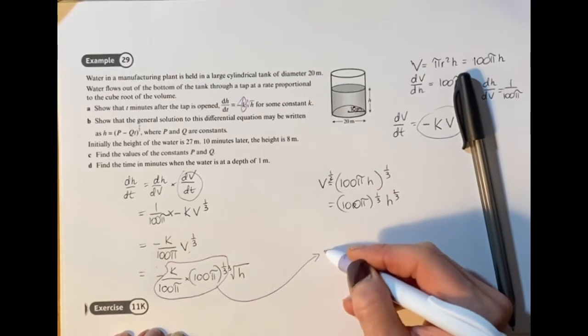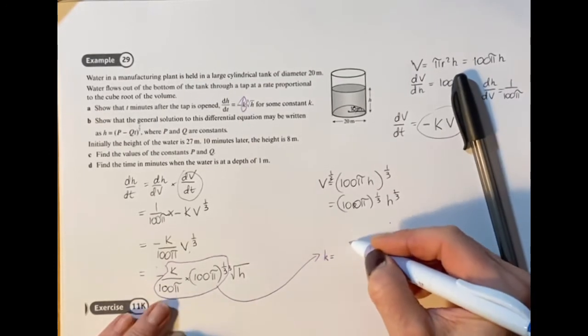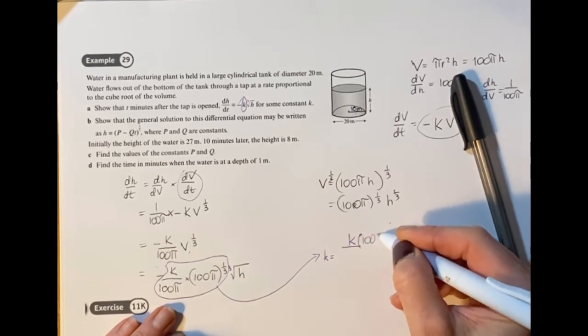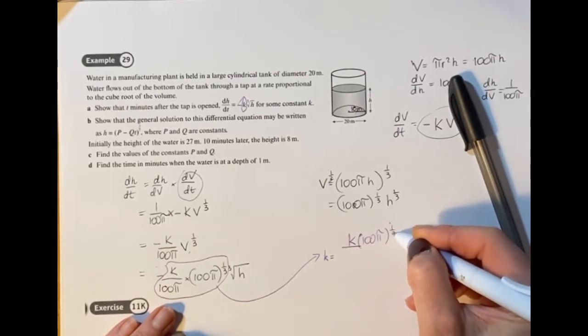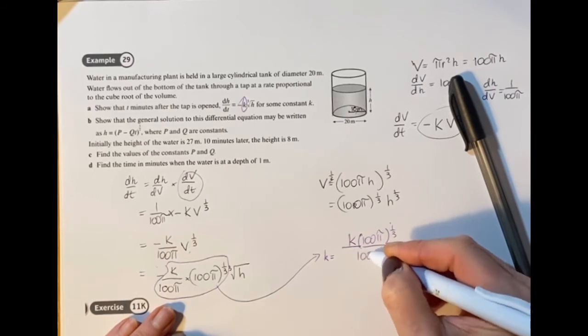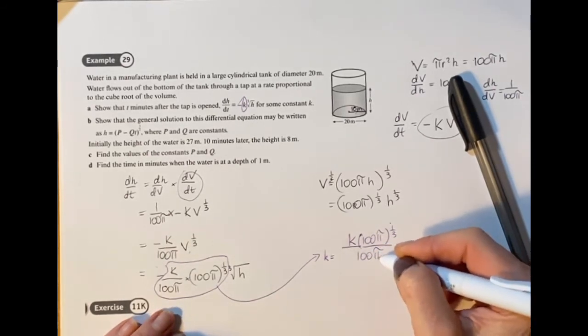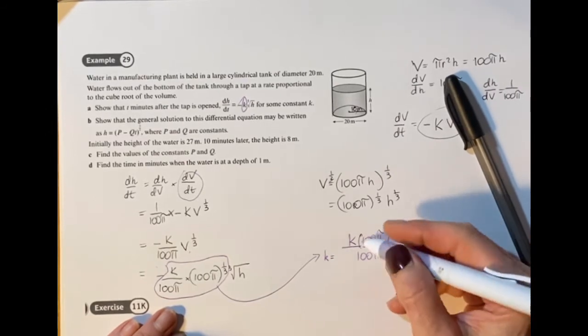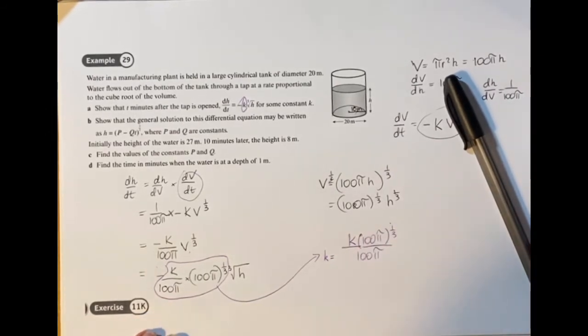So little k is equal to my big K times 100 pi to the power of a third over 100 pi. You actually can combine it into 100 pi all to the power of minus 2/3, but that's fine, leave it like that.